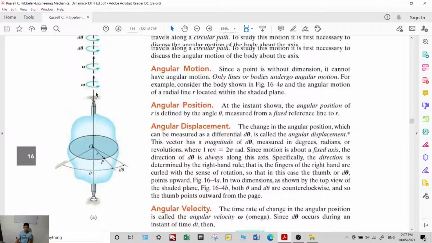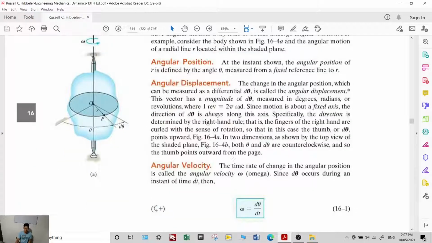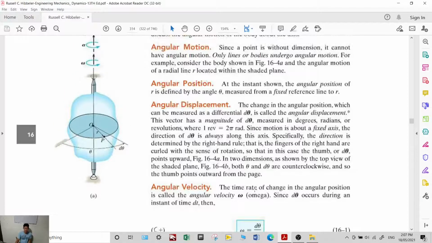Okay, so as well as the angular velocity. Now if you differentiate the displacement with respect to time, you'll get the angular velocity, which is just d theta over dt. This is the angular velocity, omega. Or this represents how fast the angular displacement is changing with respect to time.